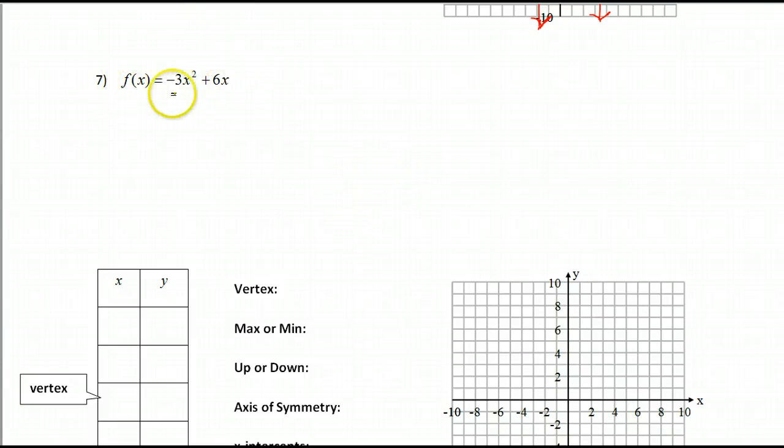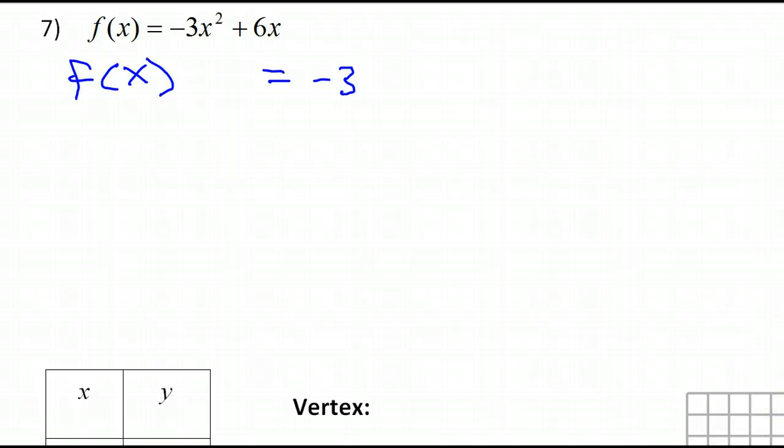What we have here is, at least it's in the right order, okay? So I have f of x equals, what I'm doing now is I'm factoring out that leading coefficient. So I'm going to put my -3, let me zoom in again. So I'm going to have my -3 outside of these parentheses.